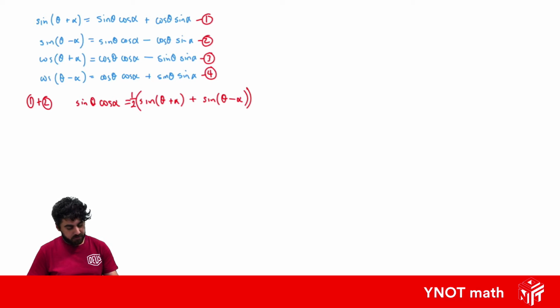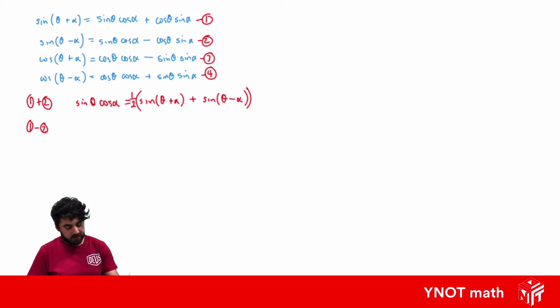So our next one, we're going to do equation 1 minus equation 2. And again, let's start with the right-hand side. These first two terms will cancel out. And this minus this will end up being plus because it's minus minus.